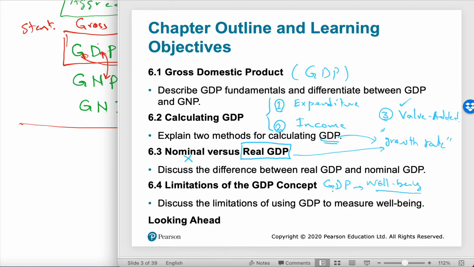Economists are saying, yes, GDP to a large extent represents well-being. But actually there are several shortcomings. So we're going to explain the limitations of the GDP concept for capturing the well-being of a nation or a country. Okay, so these are the major learning objectives. By finishing this chapter, you would basically know all these things. You can answer these concepts very well.